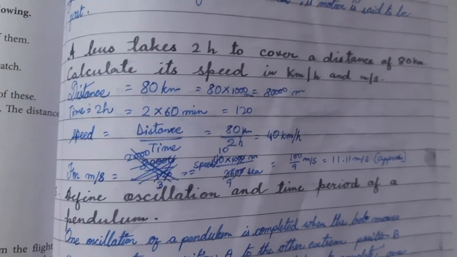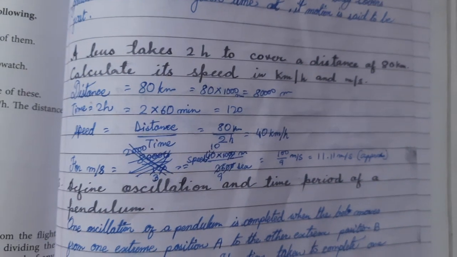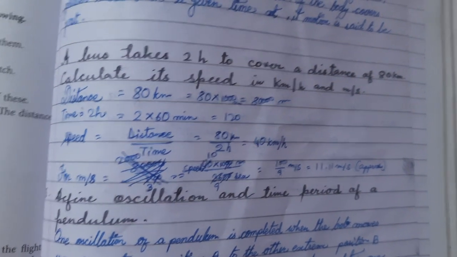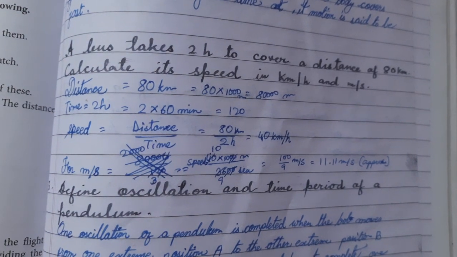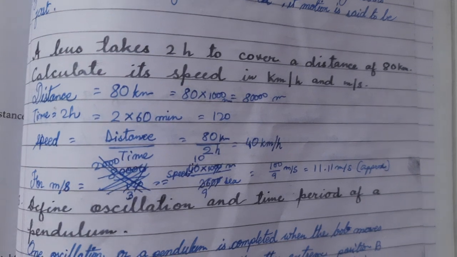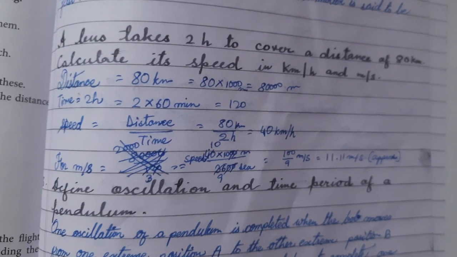80 divided by 2 means 40 kilometers per hour. To make meters per second, you have to convert the kilometers into meters and the time into seconds.